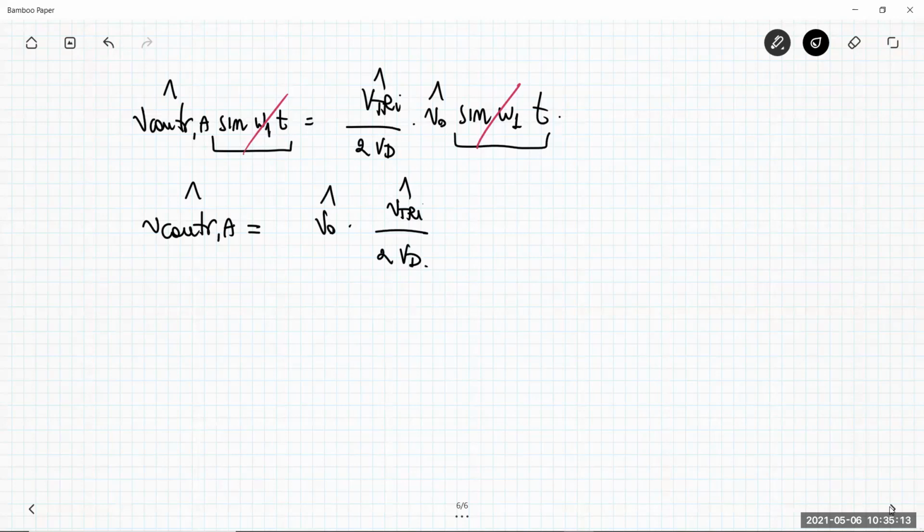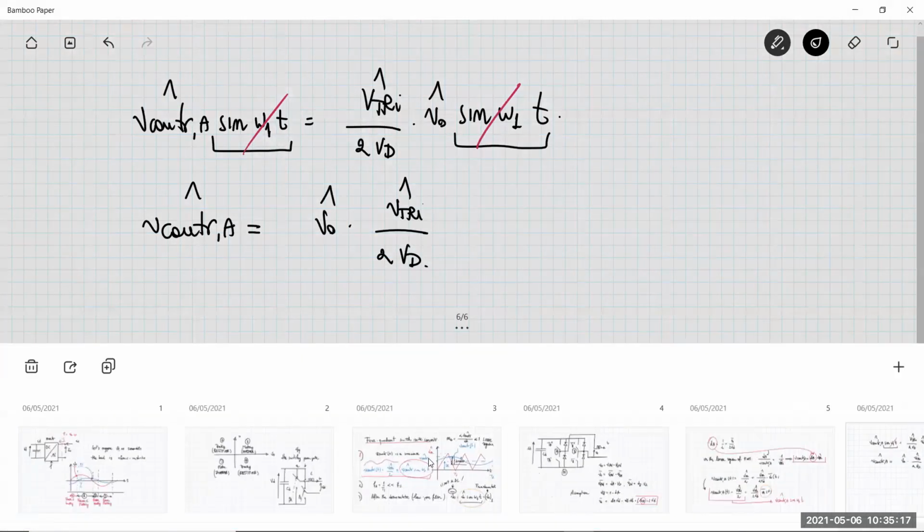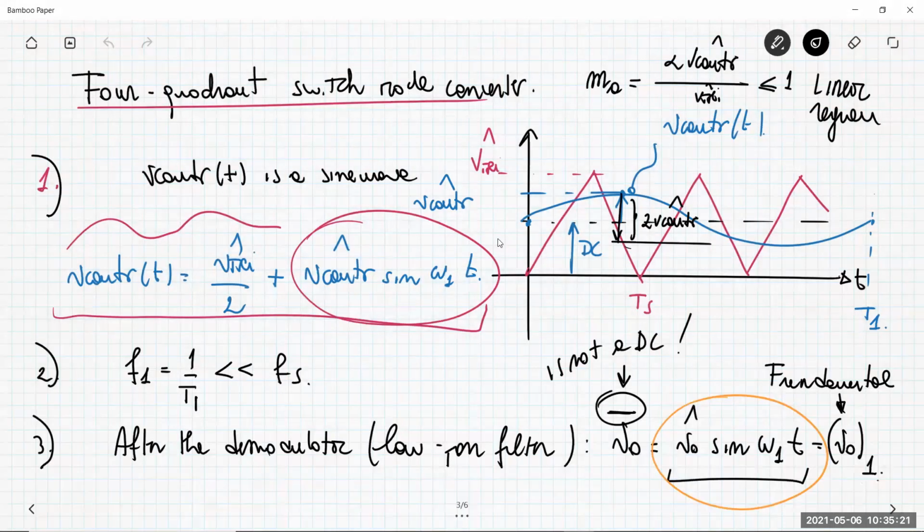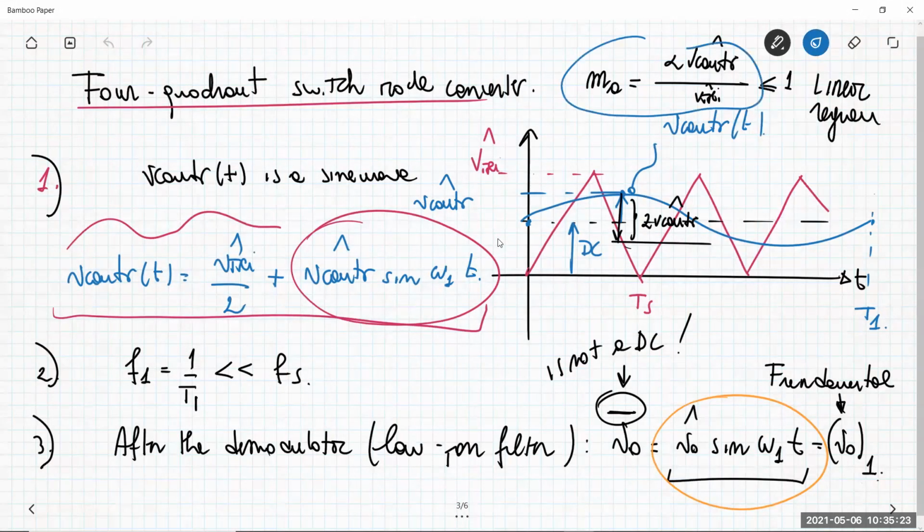Now remember our definition of the amplitude modulation factor, which is given here. I define the amplitude modulation factor as the ratio between the peak-to-peak value of the control voltage, the sine wave, divided by the peak value of the triangular voltage.